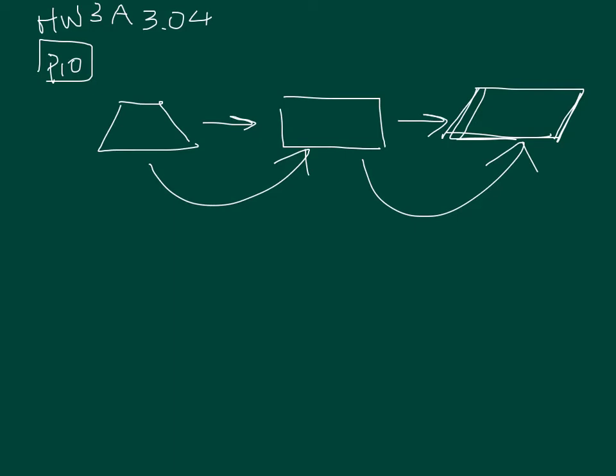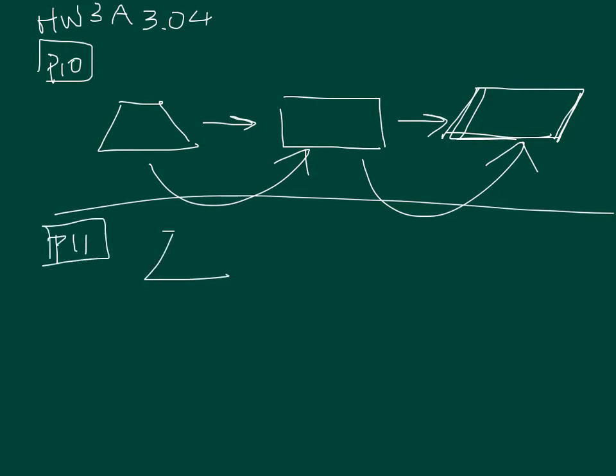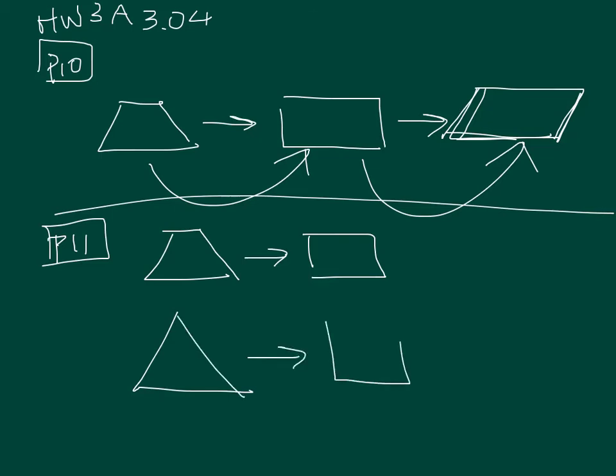That's number 10. Number 11, use your algorithms for dissecting a trapezoid into a rectangle and dissecting a triangle into a rectangle. Describe an algorithm for dissecting a trapezoid into a triangle. So number 11, we know how to make a trapezoid into a rectangle, and we know how to make a triangle into a rectangle.